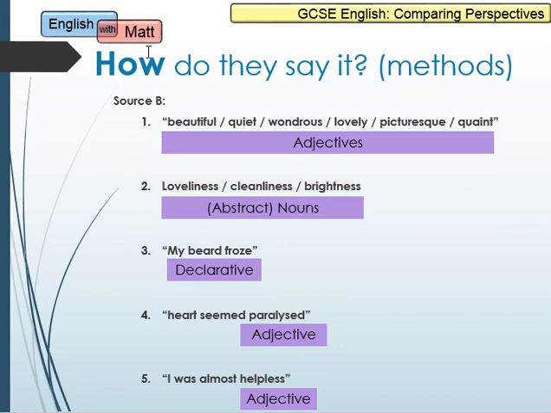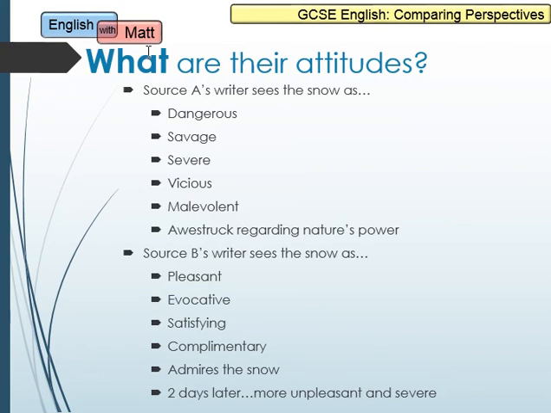Next, we need to come up with some words to describe what their attitudes are in relation to the weather. So source A's attitude is he sees the snow as dangerous, as savage, as severe, vicious, malevolent, awestruck though at nature's power. Whereas source B's attitude is more pleasant, evocative, satisfying, complimentary, admires the snow, but 2 days later starts to get a little bit more annoyed with it and sees it as slightly more unpleasant.